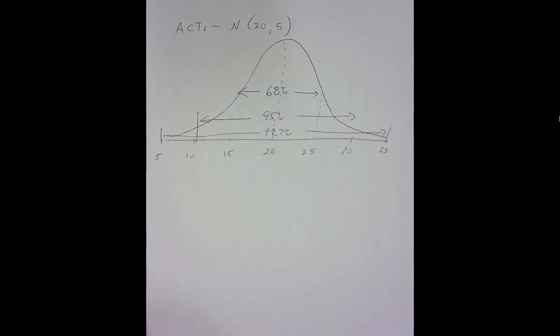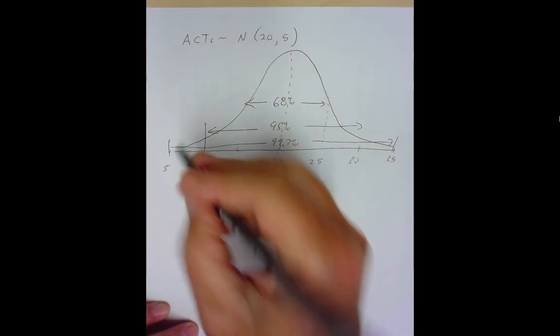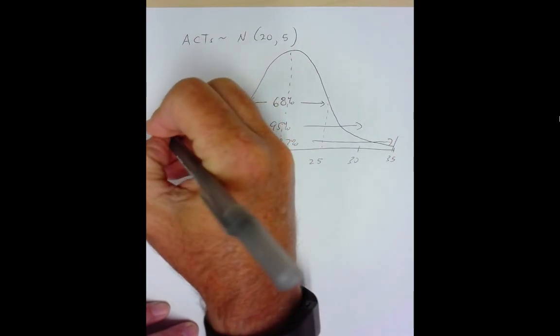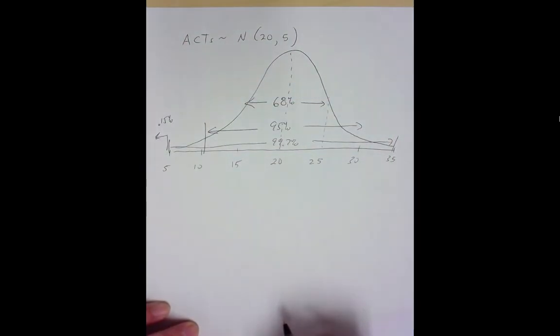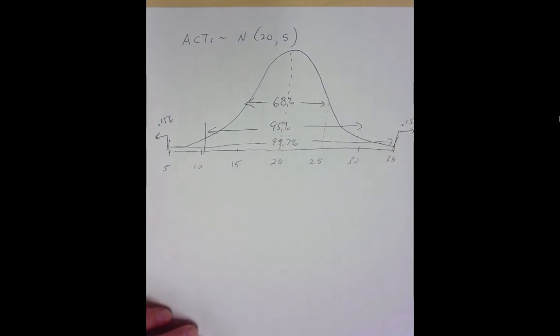Almost everyone has an ACT between 5 and 35. Only 0.15% has an ACT below 5. And 0.15% has an ACT above 35. Okay?